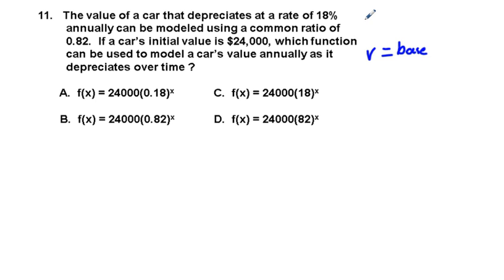The exponential function is, according to the standard equation, y equals initial value, which we call a, times base to the power of x. And so the base is going to be this 0.82. So anything without a base of 0.82 is wrong. And our initial value is 24,000. B is our correct answer. Should have been an easy one.